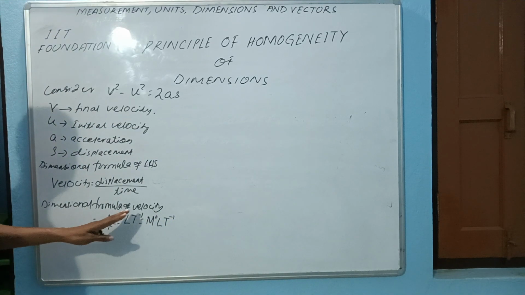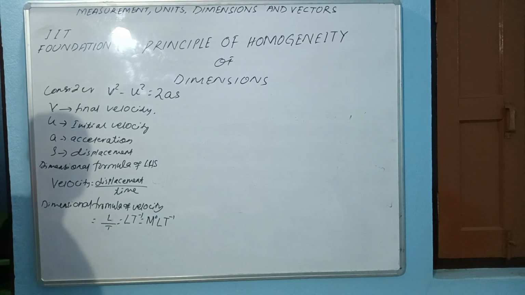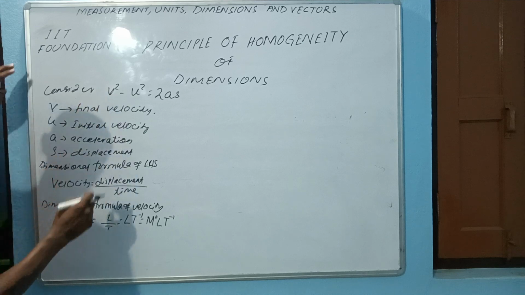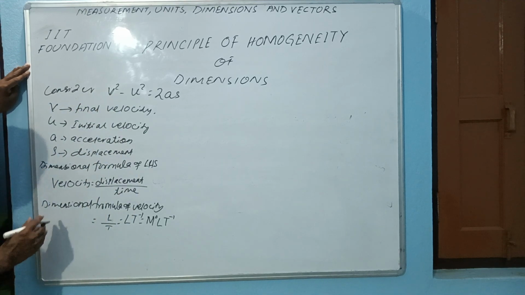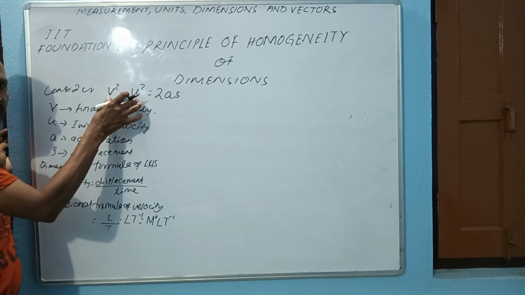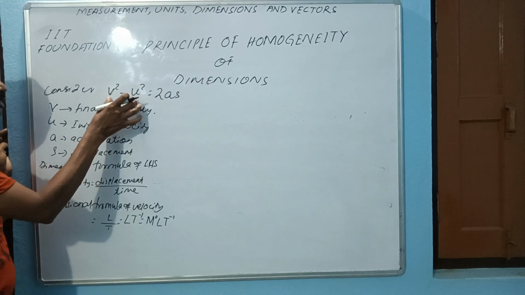Dimensional formula of a velocity. You see that it is given square of the velocity. So v square and u square are both similar physical quantities.